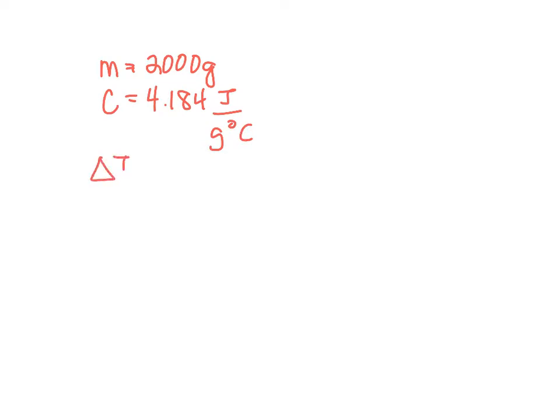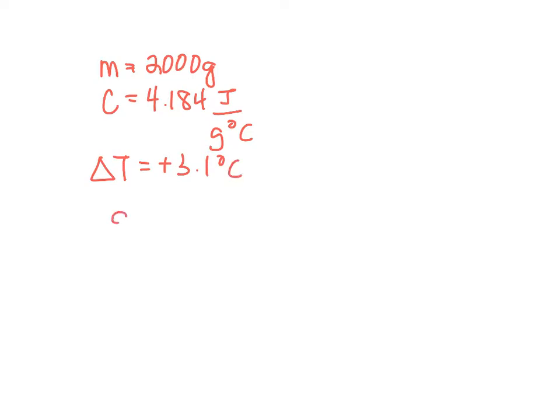We know our mass is equal to 2,000 grams. Our specific heat, 4.184 joules per gram degrees Celsius, and our delta T is positive 3.1 degrees Celsius.